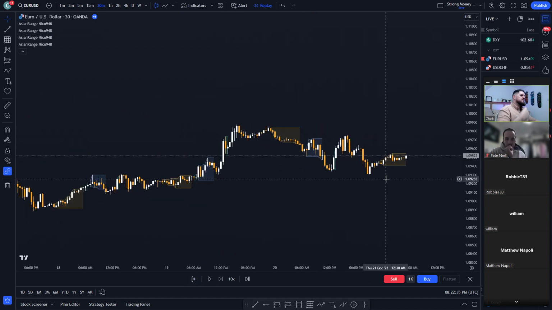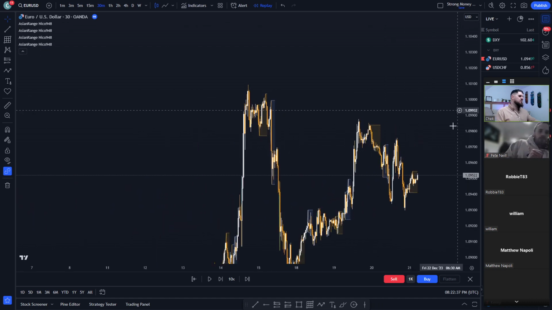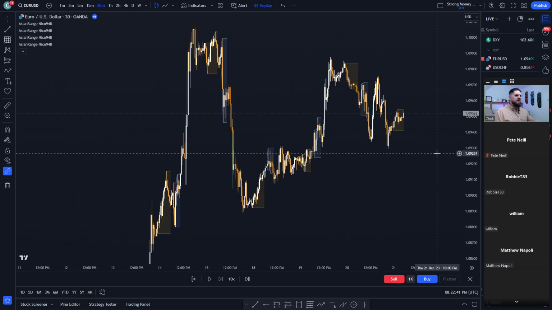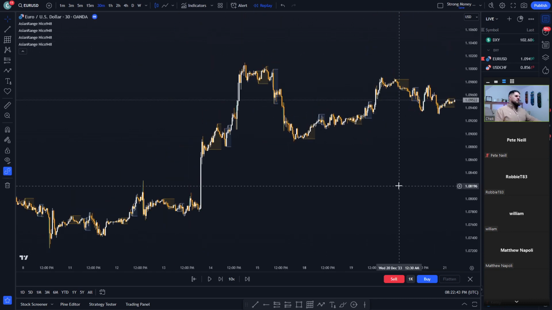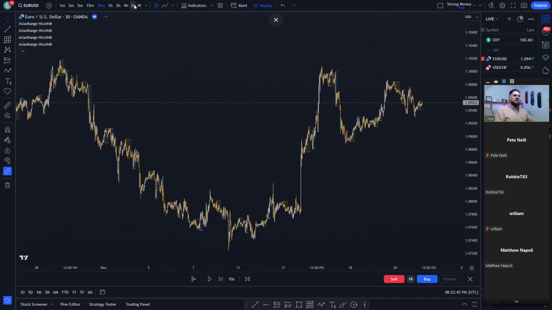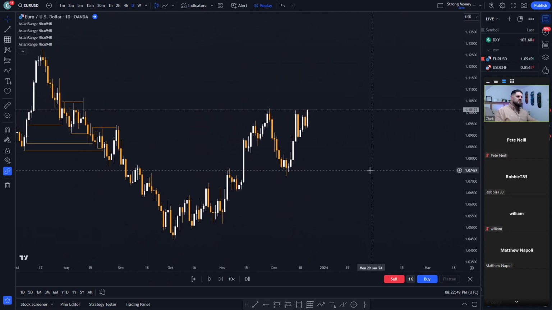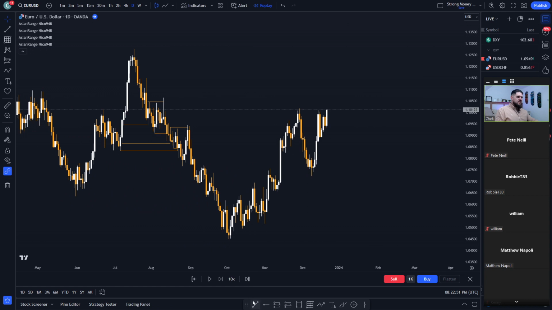This is Thursday morning, 21st December. I'm looking at price and I'm wondering where we're going to be going. If we go to the daily time frame, we've taken out some key levels here. We've had EPA created there, and we're rejecting and pushing up.